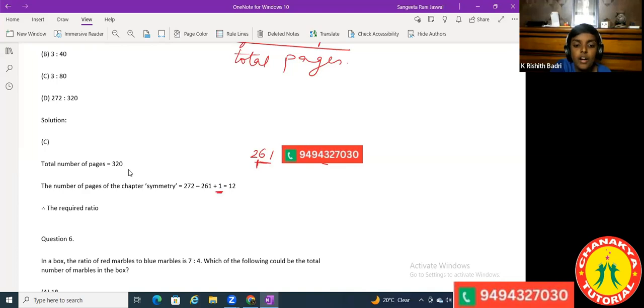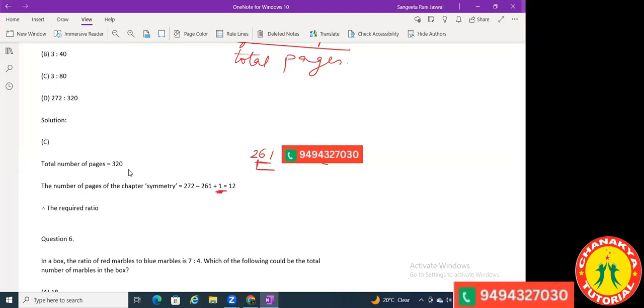That is the reason you are adding 1. So that means it is 12. The number of pages that this chapter contains is 12.